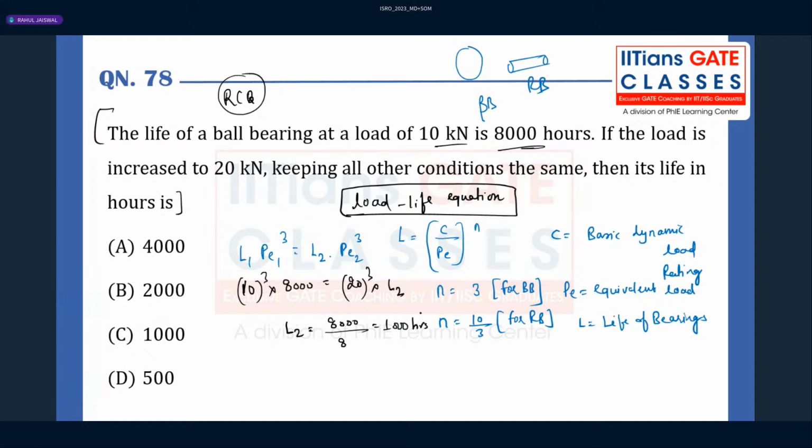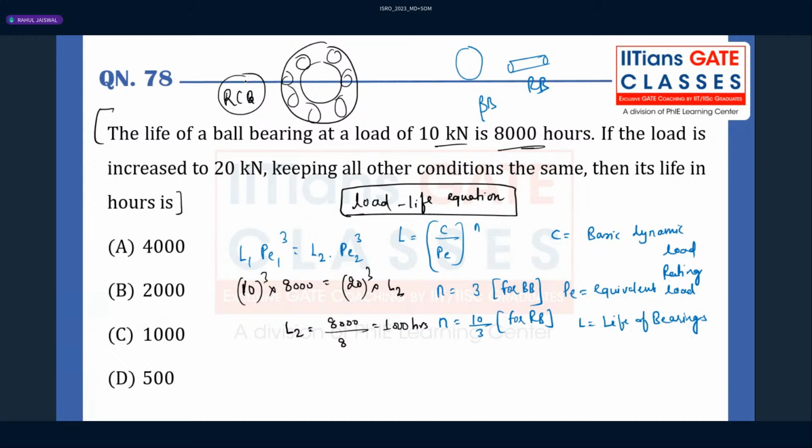When we increase the load, a lot of pressure will be acting on the bearing, and it will not be able to survive for a longer period, because the bearing has rotating elements. There will be balls, right?